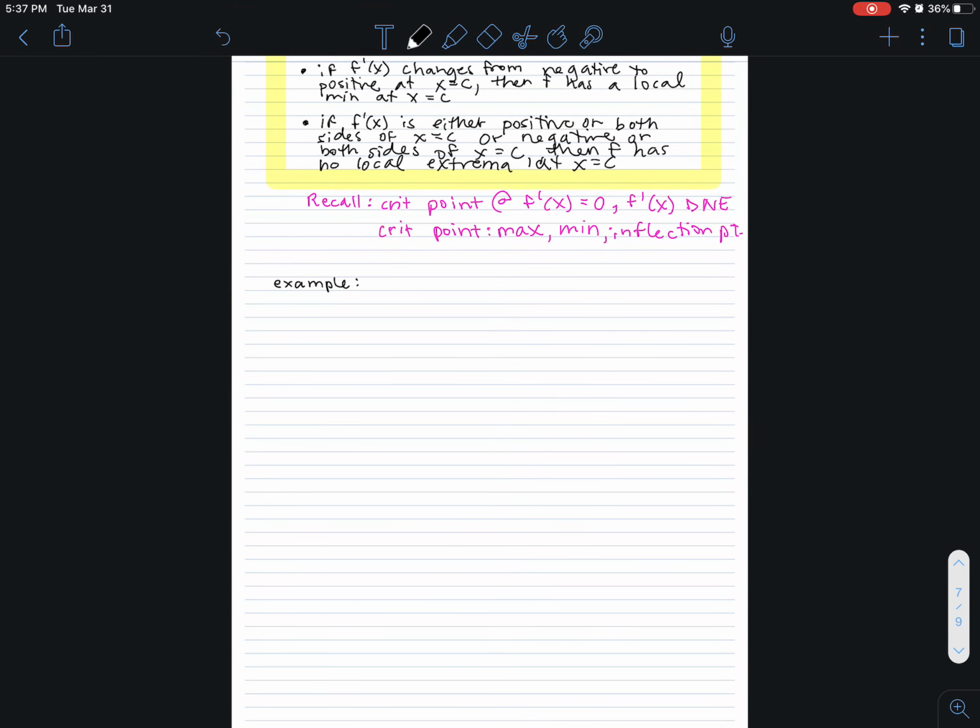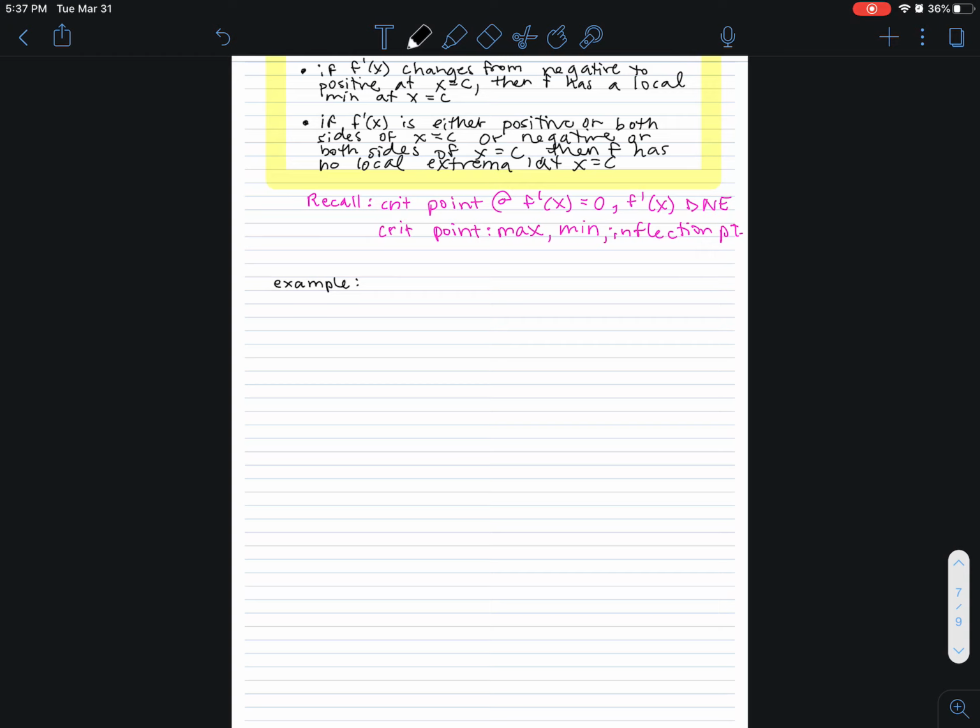Sorry guys, my notes are kind of scattered. Okay. Ew, this looks disgusting. I hate examples.